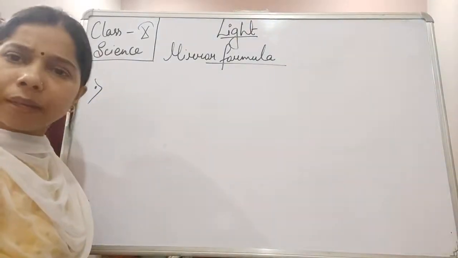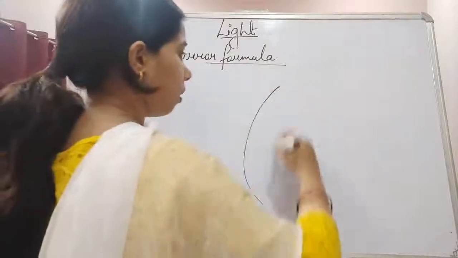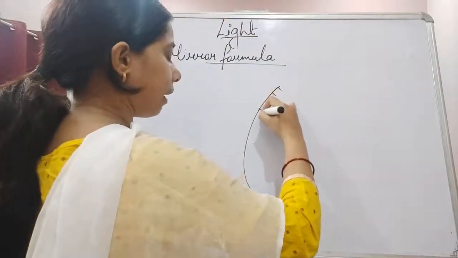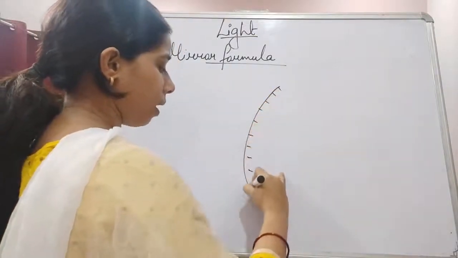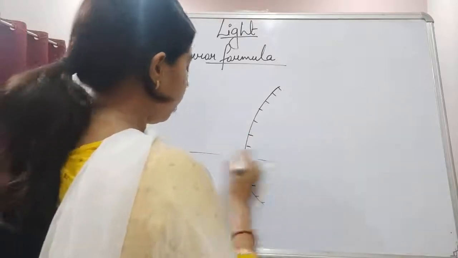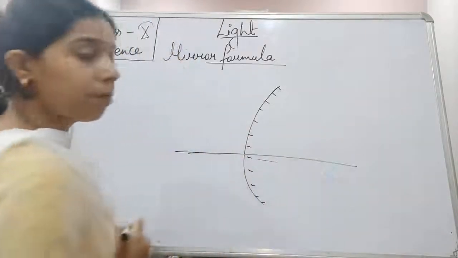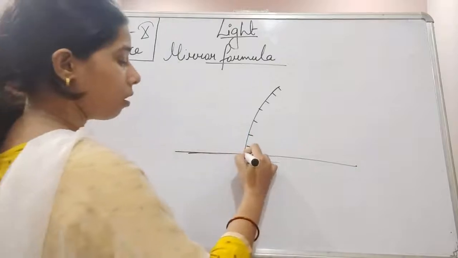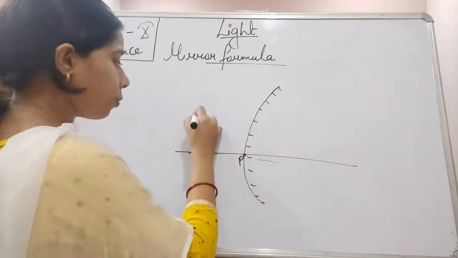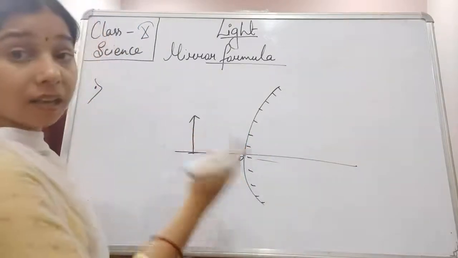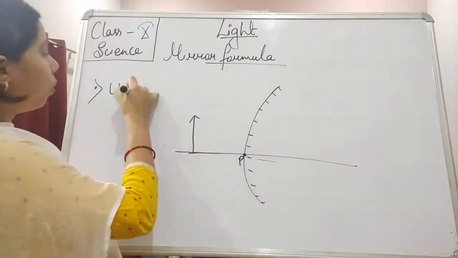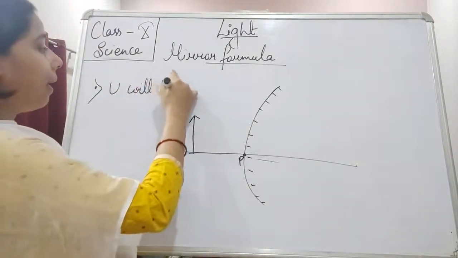Here, u will be negative. Before we go further, if you see the diagram, it will be much easier for us to understand the concept. Here, if this is the pole, students, and the object is always kept at the left side, so u will be negative.